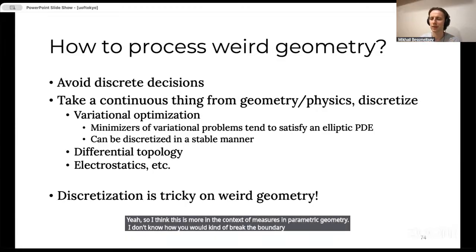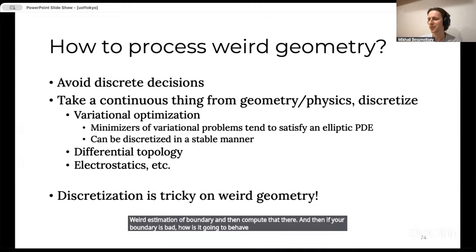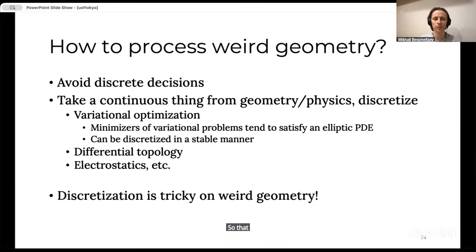It becomes a little weird. But an interesting question would be, if you have a point cloud, can you do some kind of estimation of the boundary and then compute that there? And if your boundary is bad, how is it going to behave? So that's a question to think about.